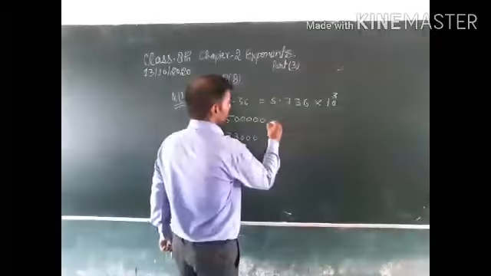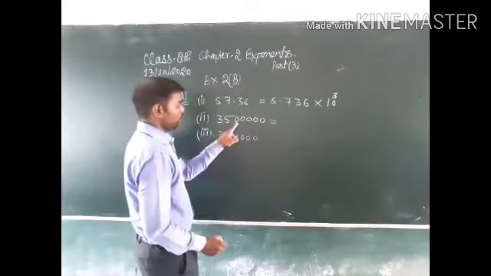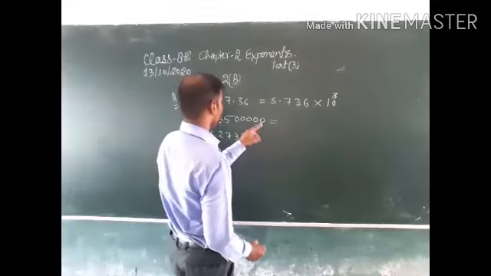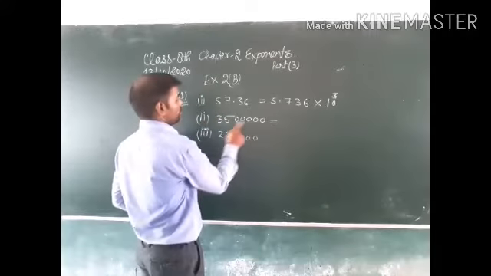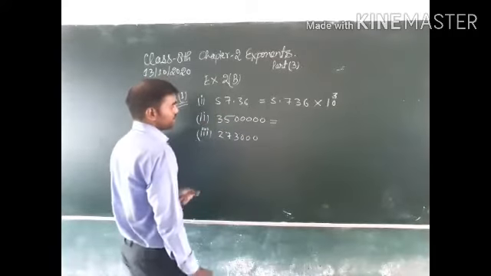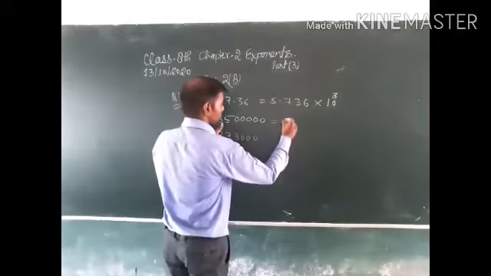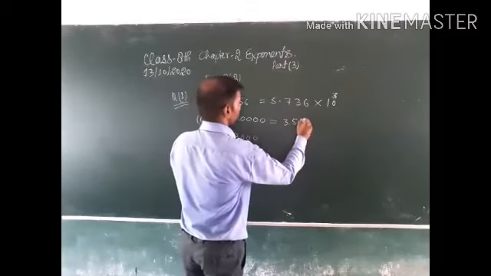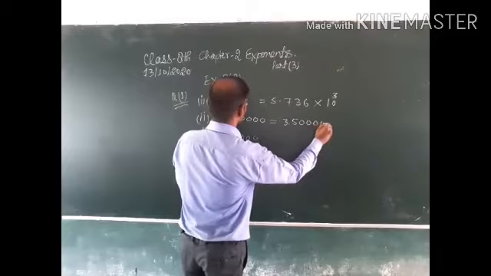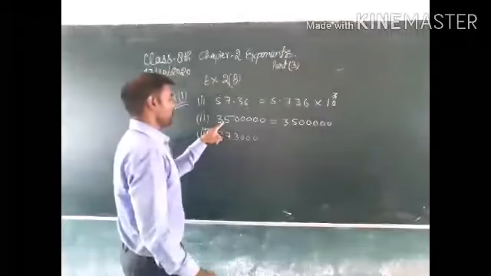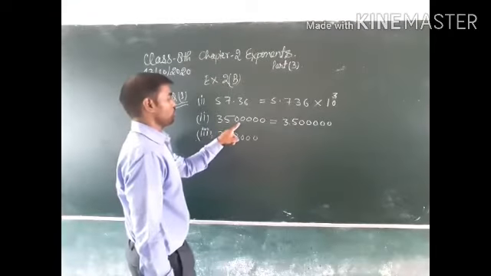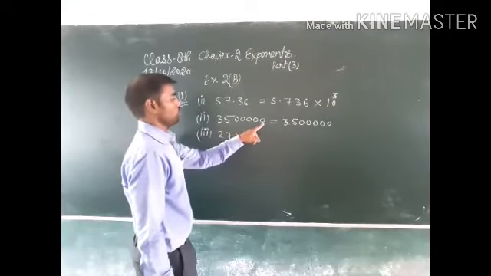Now 35 lakhs. It means 3.500000 into 10 to the power.